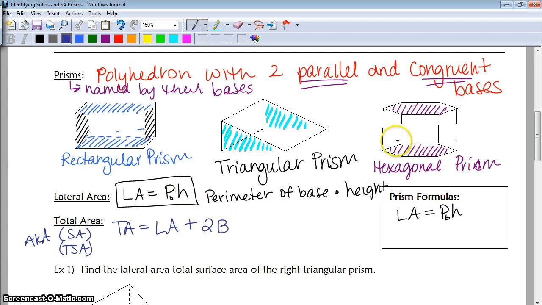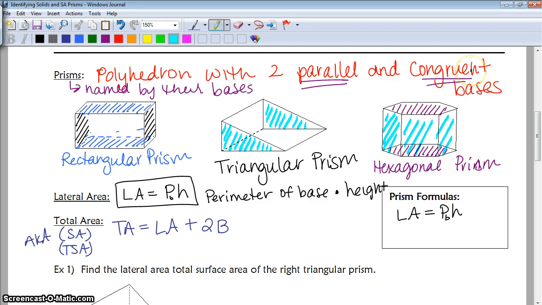So real quick, coming back up to look at this hexagonal prism. This prism has 1, 2, 3, 4, 5, 6 rectangular lateral faces, and then it has the two bases on top and bottom, so it has 8 total faces.